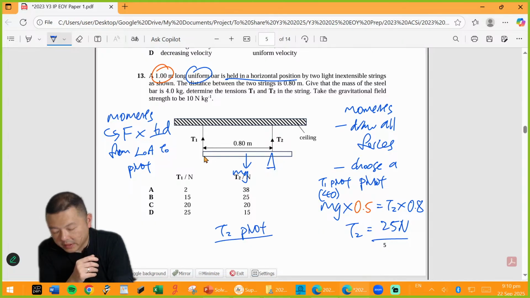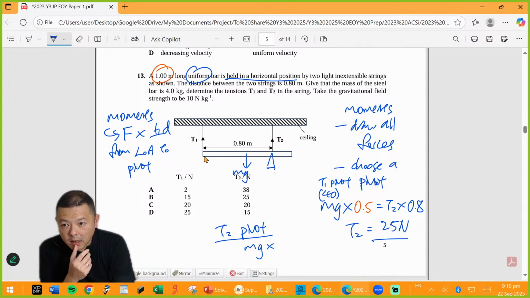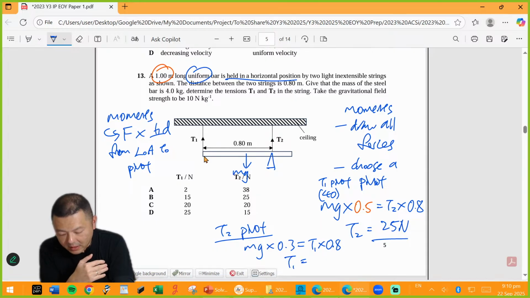Tell me T2 pivot. Okay, mg times 0.3, good. And this equals to, which is good. So you can do this and you can find T1.